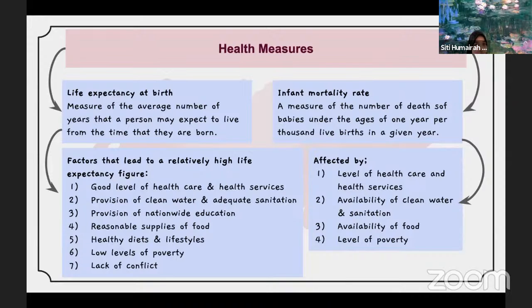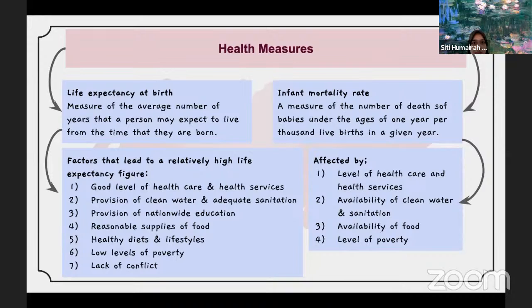The factors that lead to a relatively high life expectancy are a good level of healthcare and health services, provision of clean water, adequate sanitation, nationwide education, reasonable supplies of food, healthy diets and lifestyles, low levels of poverty, and lack of conflict. These factors affect how long that person lives. Basically, to live a long life, you need to have your basic needs met.